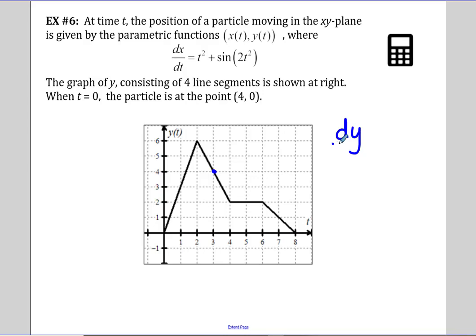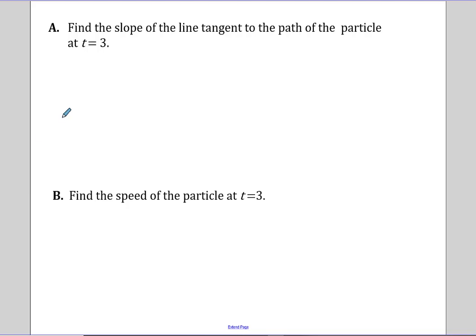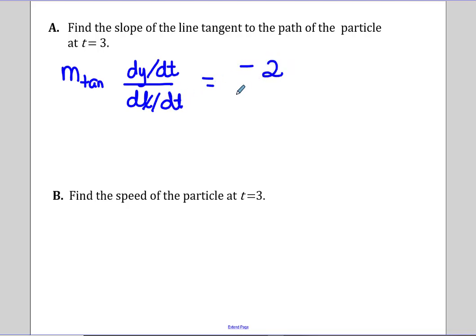So dy/dt at t equals 3 is going to be -2. And the slope of the tangent line is going to be dy/dt divided by dx/dt. And dy/dt is -2.